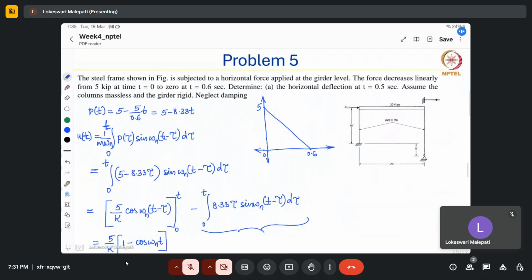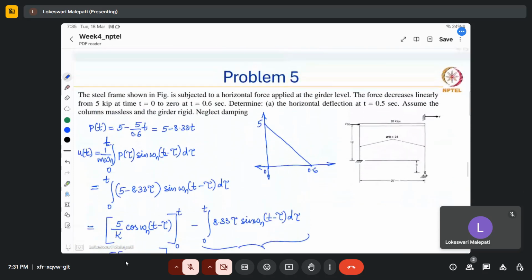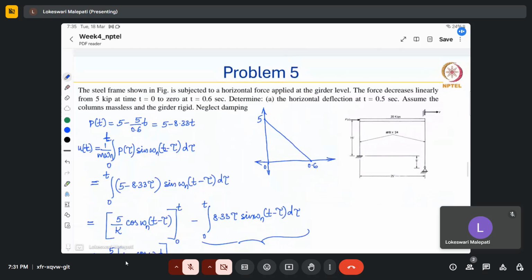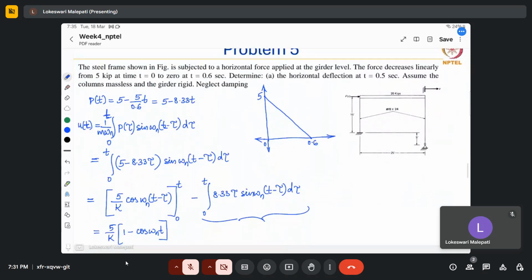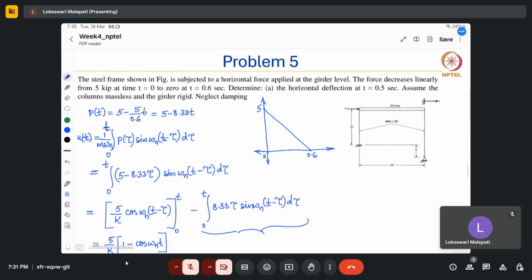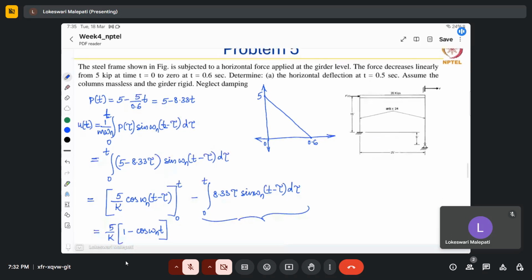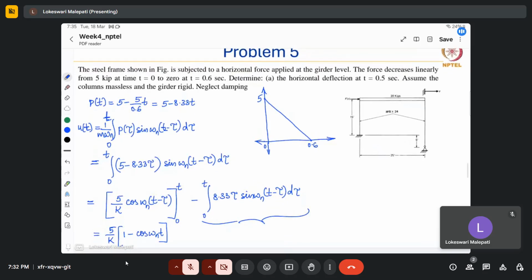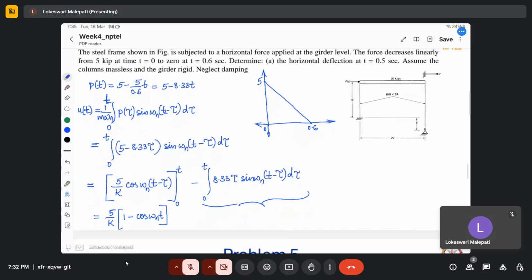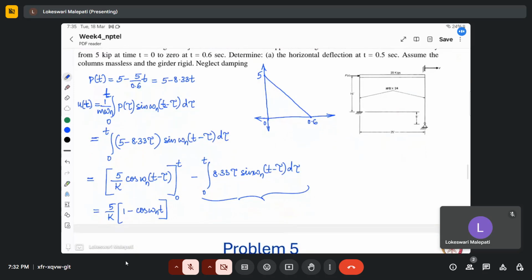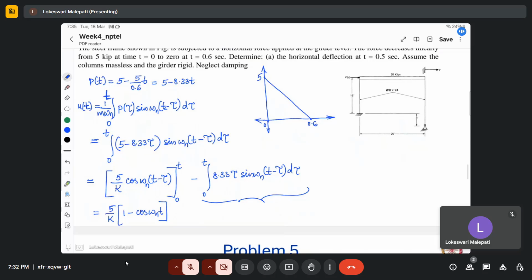For that, first we need to find the value of k effective. In this case also, there is a portal frame with unequal column heights, but again it is given that the girder is rigid. That means the only degree of freedom is the horizontal displacement. Hence, the effective stiffness would be the sum of the stiffness coefficients for unit horizontal displacement at both the columns.